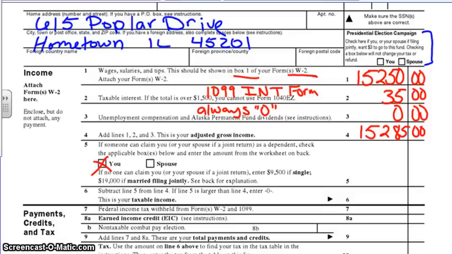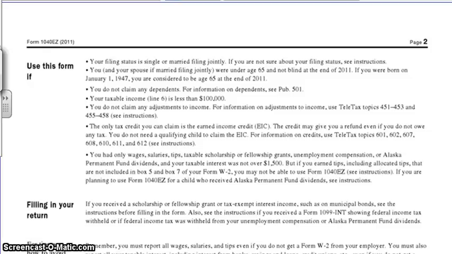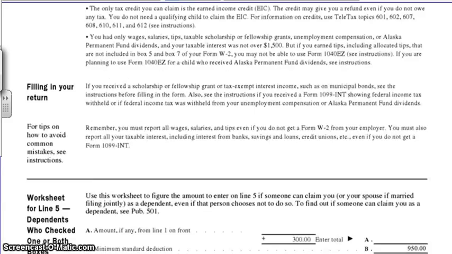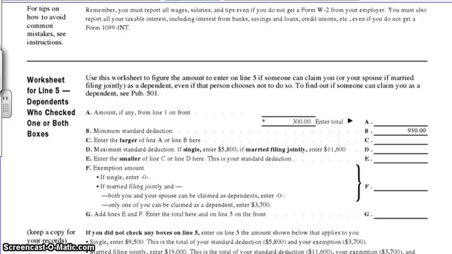Notice it says you are dependent on someone. So what I need you to do is flip to the back side of this form, okay? You will notice that there's a little section where it says worksheet for line 5, okay? So we're going to start working with this section. It says amount, if any, from line 1 on the front.